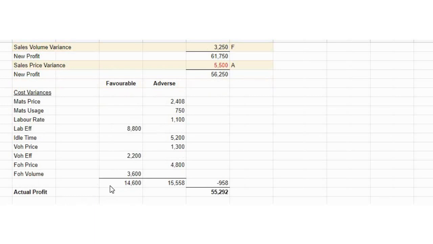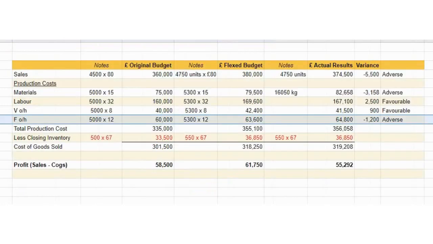I totalled the favourable column and the adverse column, deducted the adverse from the favourable, and it gave a total of 958 adverse. Taking the new profit from above and deducting £958 gives the final actual profit of 55,292.